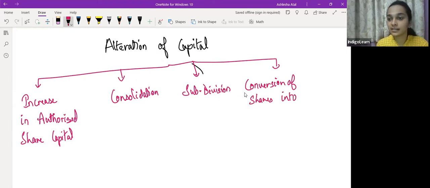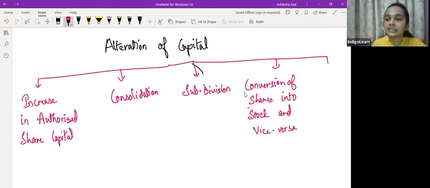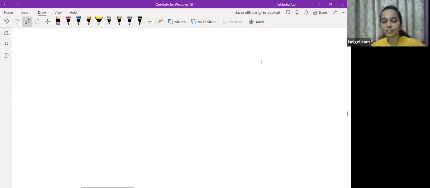Then the conversion of shares into stock and vice versa. And then finally, there's cancellation. So these are the different ways in which the share capital of a company is altered. Let's understand each one step by step, and let's take examples and understand all of them.